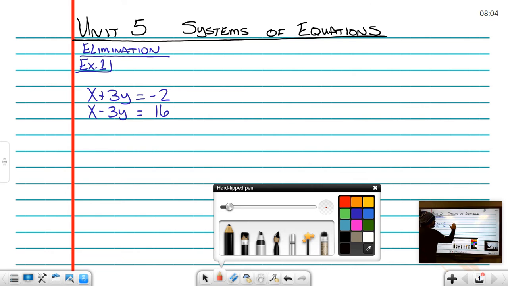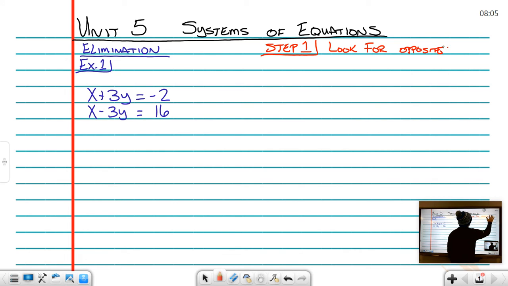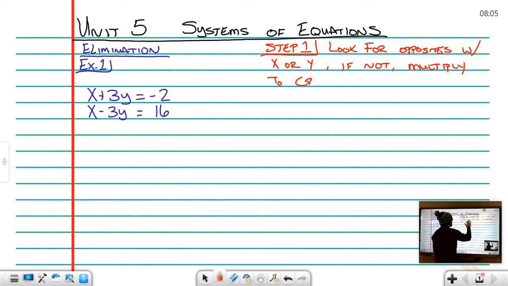All right. So step 1, we're going to look for opposites with x or y. If not, multiply to create opposites.